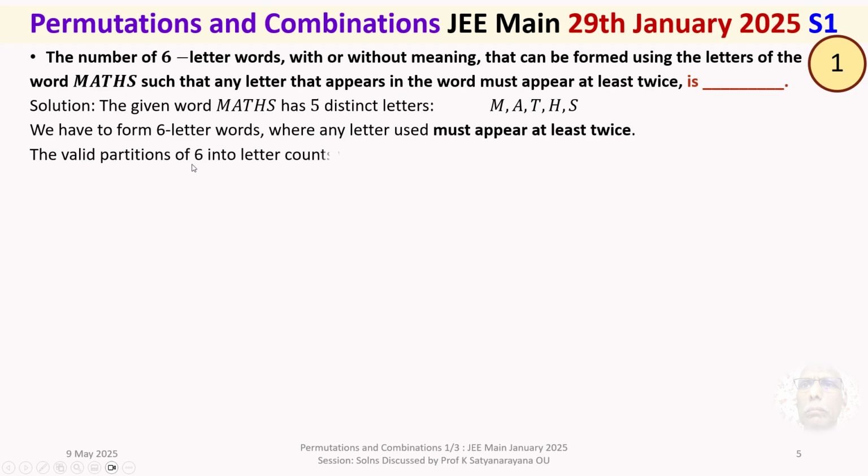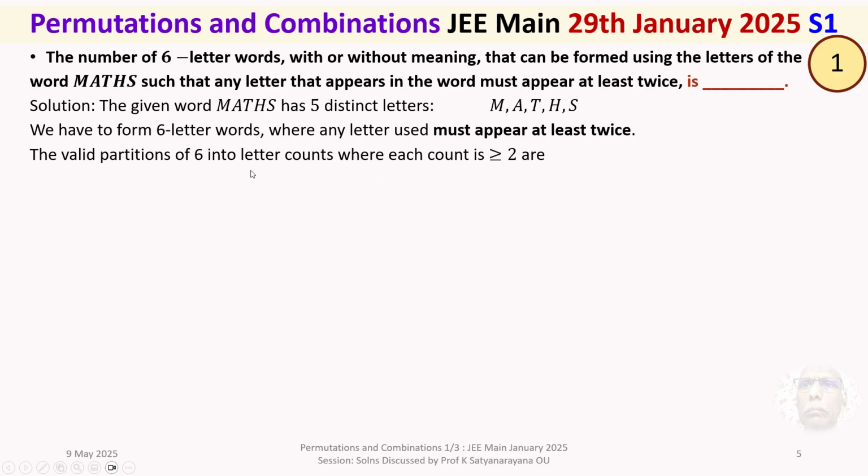We need the valid partitions of 6 into letter counts where each count is greater than or equal to 2. So you have to divide 6 into a sum of positive integers where every letter count must be greater than or equal to 2.